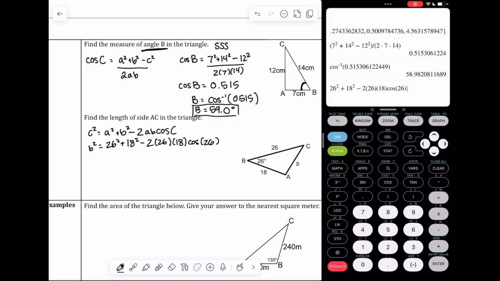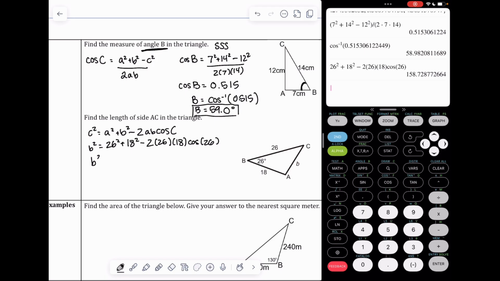You can put all of that stuff through in one long row, just like we see it written out, and we get b squared equals 158.728, and so on.